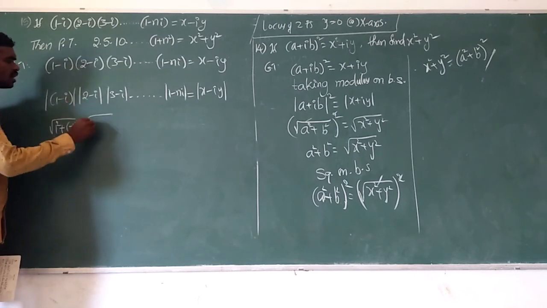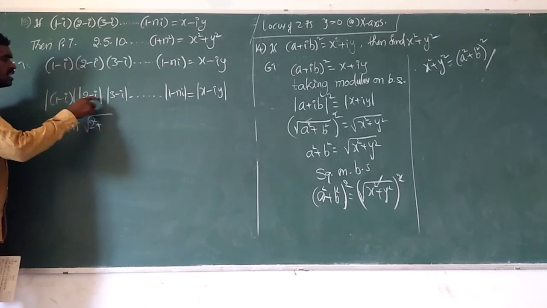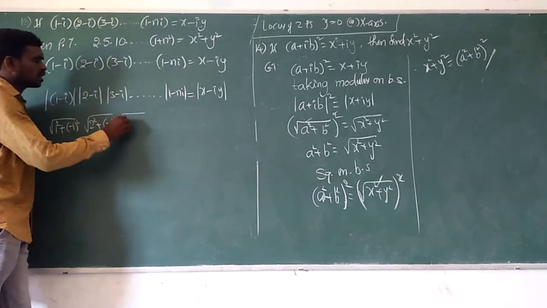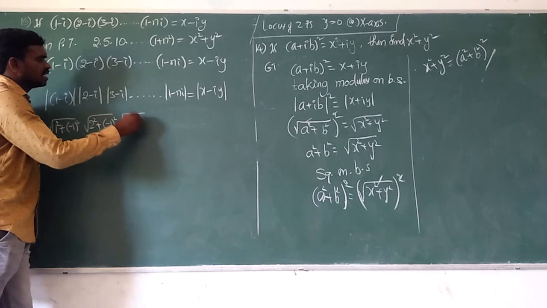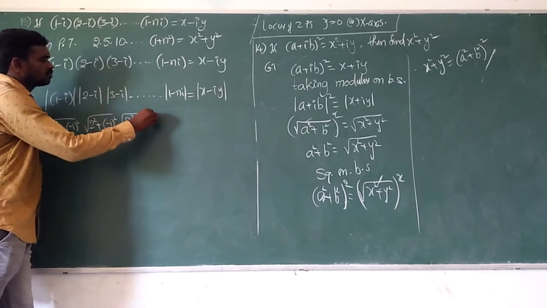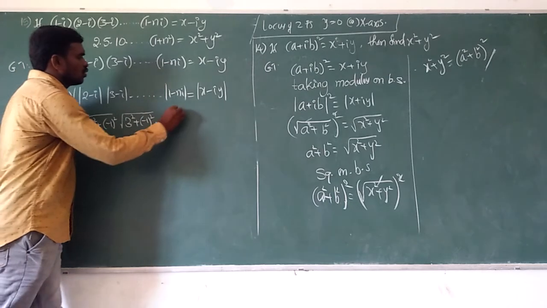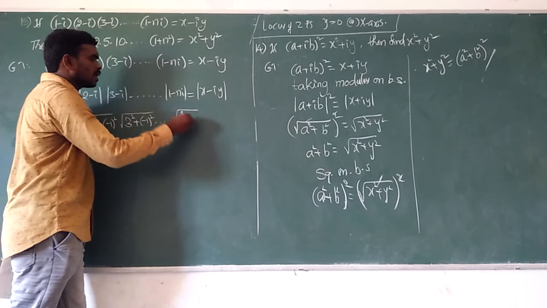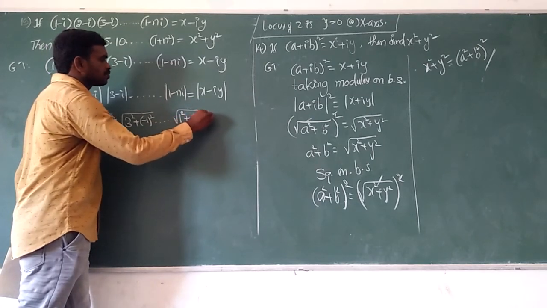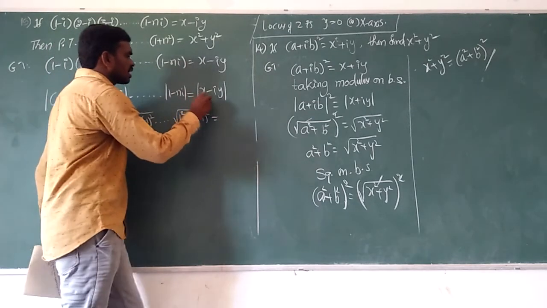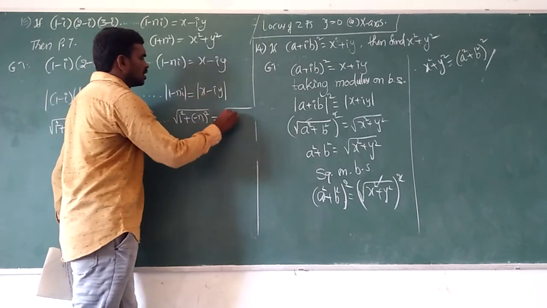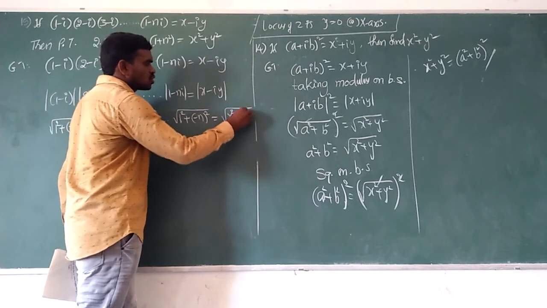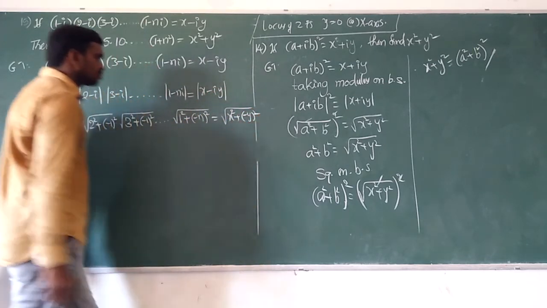And root of real part 2 square plus imaginary part minus 1 square. And root of real part 3 square plus imaginary part minus 1 square. And so on, root of real part 1 square plus imaginary part minus n square is equal to root of real part x square plus imaginary part minus y, so minus y square.